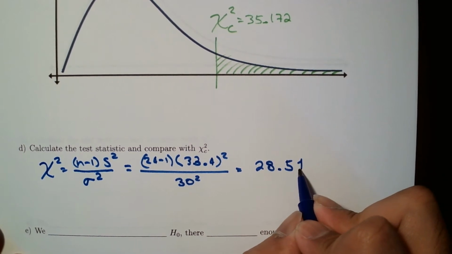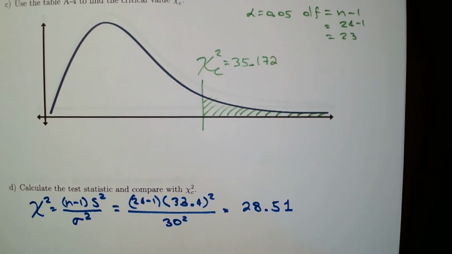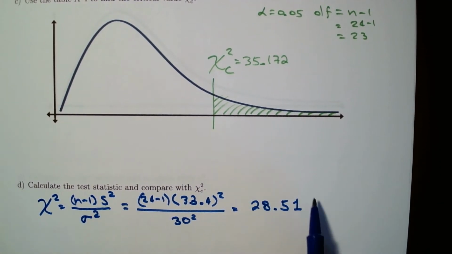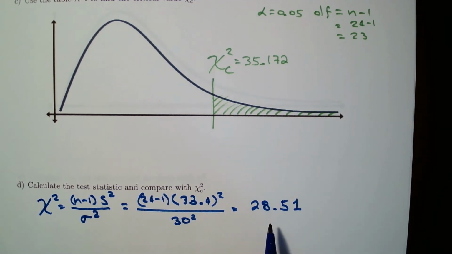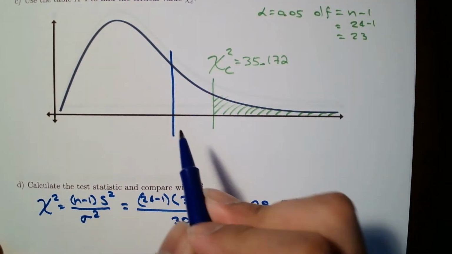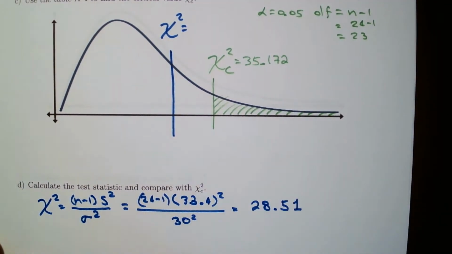28.51. Now it's time to compare. It's time to go to the chi-square graph and determine whether we have enough evidence to support our claim or not. Well, it turns out that 28.51 is a number that is less than that of the critical value.